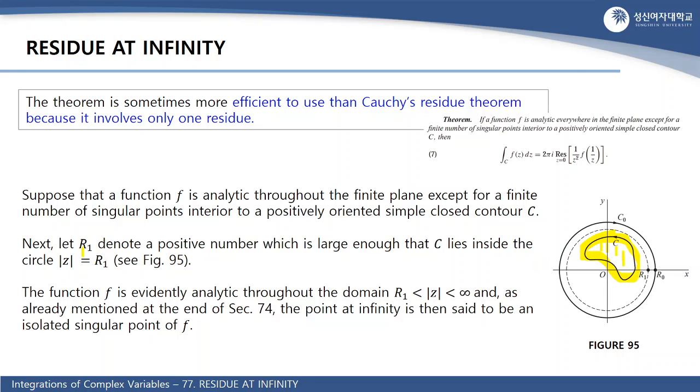Then we consider a circle which contains this contour C. First, let R1 denote a positive number. This is R1, which is large enough to contain this contour C, so that C lies inside the circle defined by absolute value of z equals R1.